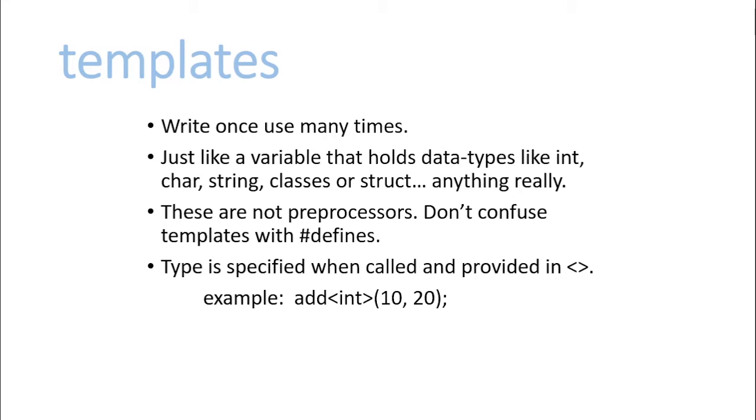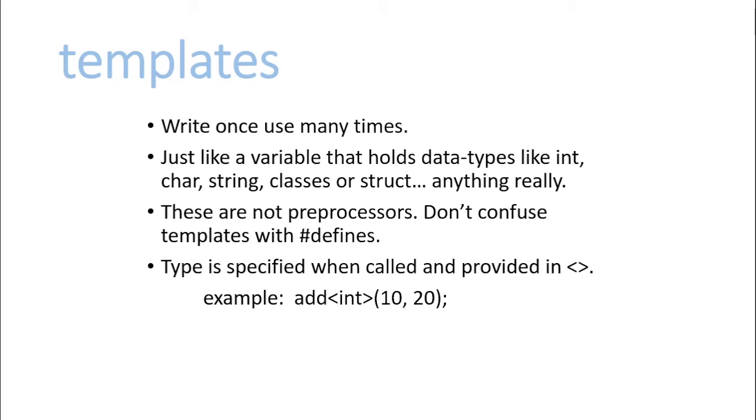But not necessarily is a template going to define a data type. It can also define a value, like a template can be a placeholder for a particular integer. So it depends on the case how you are using it. But to be honest with you, a template is like a placeholder for your data types.